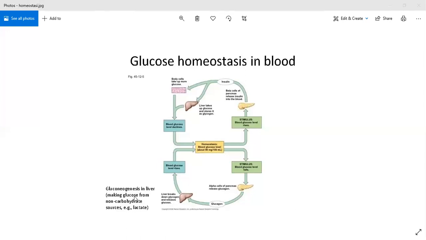But if you look at the structure of proteins, they contain carbon, hydrogen, oxygen, and nitrogen. So all of them, protein, fats, and carbohydrates, contain carbon, hydrogen, and oxygen. But protein contains nitrogen also.